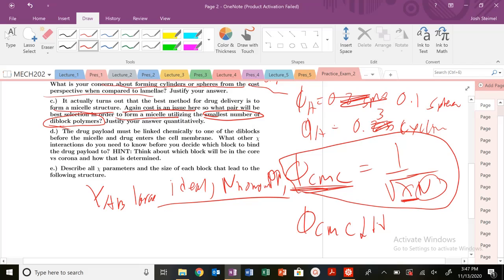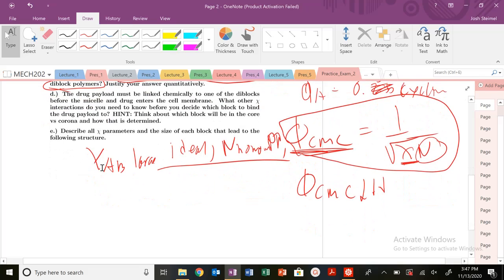Nice. Now the drug payload must be linked chemically to one of the diblocks before the micelle and drug enter the cell membrane. What other chi interactions do you need before you decide which block to bind the drug payload to? We need to think about which block will be in the core versus corona, and how this is determined.